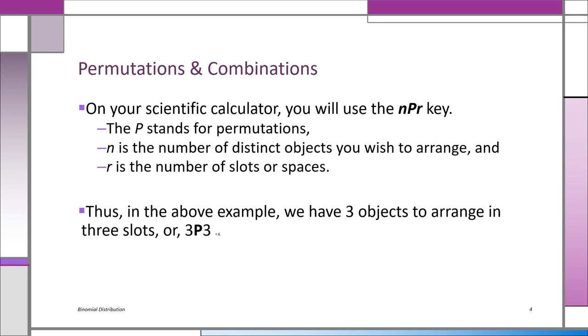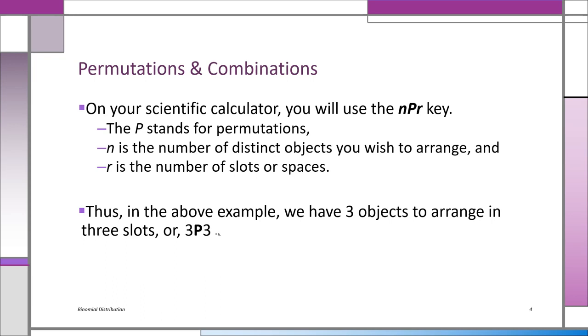If you look at your scientific calculator, you'll see an nPr key. P stands for permutations. N is the number of distinct objects. Before we had A, B, and C. So these are the objects you want to arrange, and R is the number of slots or spaces.